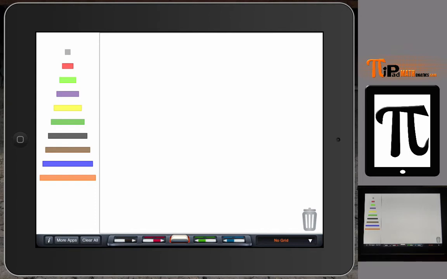I am Professor Lamb, and this video is going to explore the Brainingcamp app, Number Rods. The Number Rods app utilizes concepts behind Cuisenaire rods, sometimes called integer rods or fraction rods. They're known by many different names.